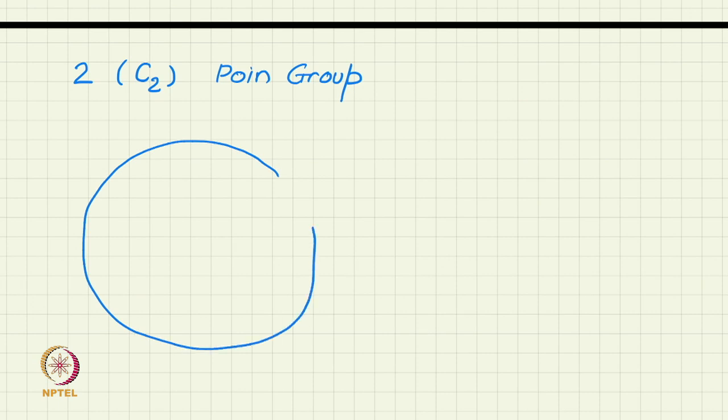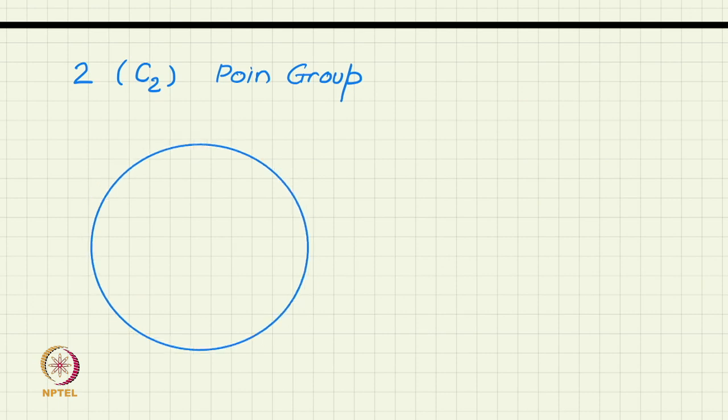So, for our stereographic construction, I now also need a reference line. So, I draw a diameter and I start with a point.